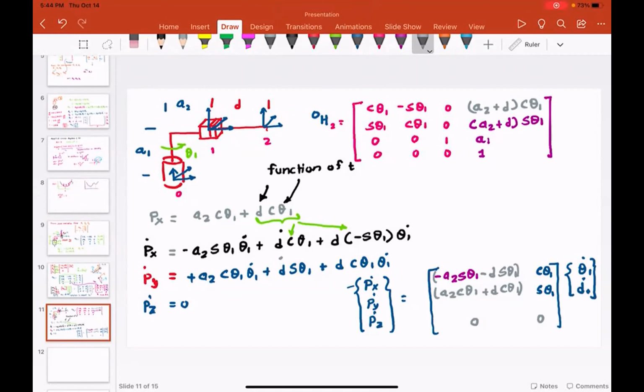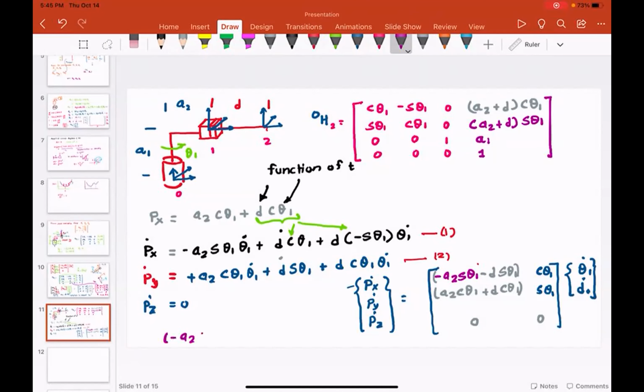Oh, matrix. So first row, first column gives you the very first equation. Second row, first column gives you the second equation. Okay, you want me to expand this?